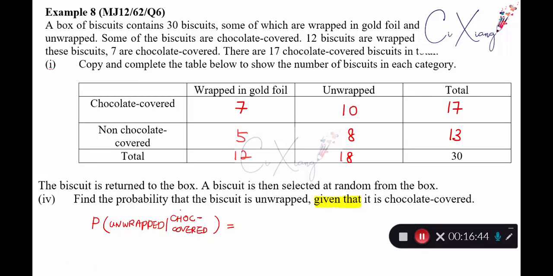Again, to find the conditional probability, first you look for unwrapped intersect chocolate covered, which is 10, divided by the total of chocolate covered biscuits, which is 17. Therefore, you have 17 here. And this is the answer for our part 4.